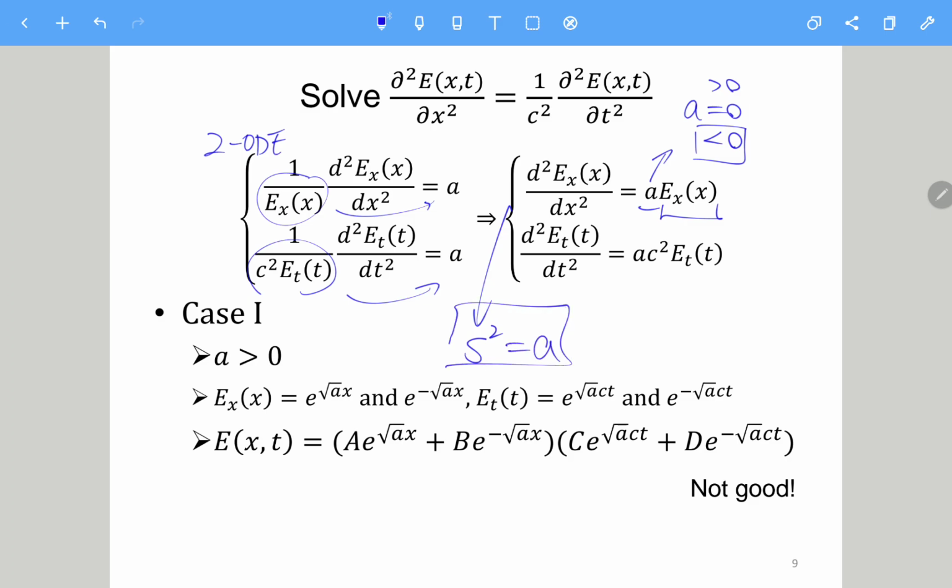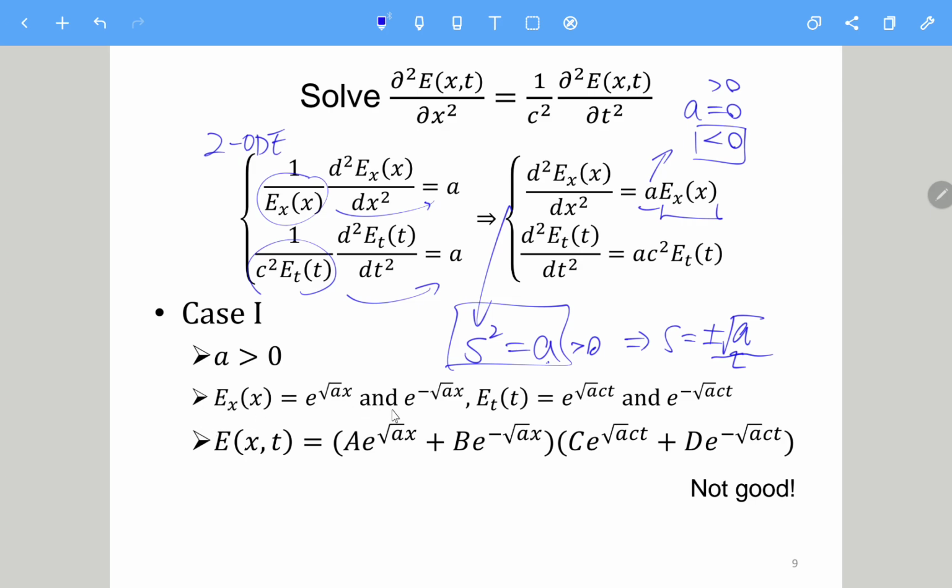This is the characteristic equation. Since a is larger than 0, we can take the square root, so s is equal to plus or minus square root of a. This is a real value. Real values mean the solution will be something like exponential of square root of a times x, and exponential of negative square root of a times x, for E_x.